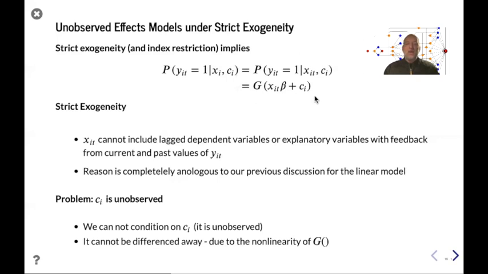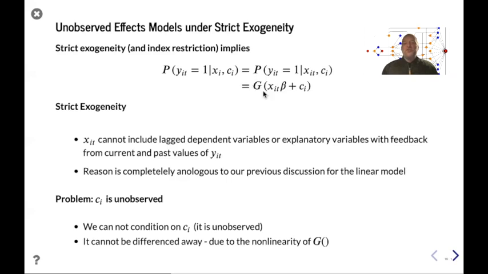On top of that, we have the index restriction, that basically the response probability is a nonlinear function G, usually with a domain between 0 and 1, evaluated in a linear index. That's why we call it an index model.